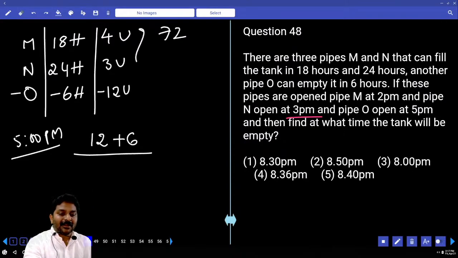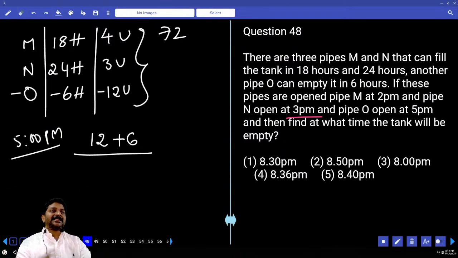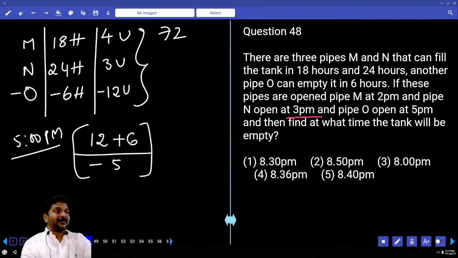Now at 5 o'clock, all 3 pipes are opened, right? If all are opened, will the tank get filled or emptied? Emptied. Positive units are 7, negative units are 12. Total all together minus 5. What does minus indicate? The tank gets emptied, and that's what the question asks. 18 by 5, that means 3 3/5 hours.